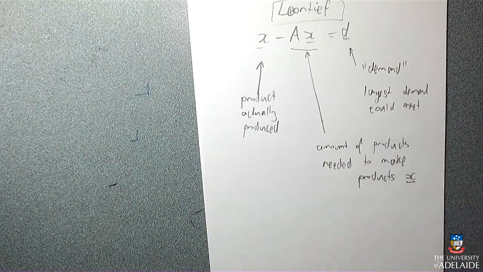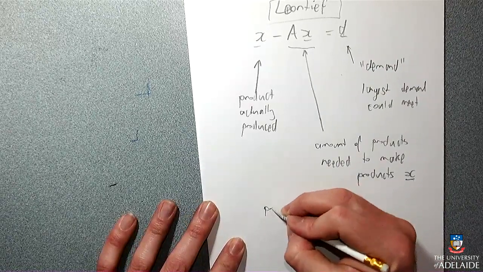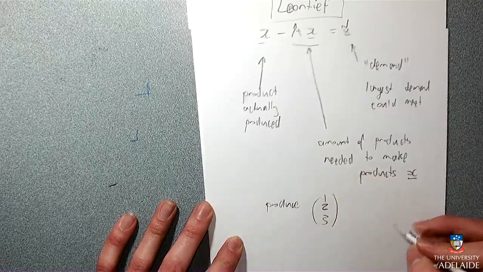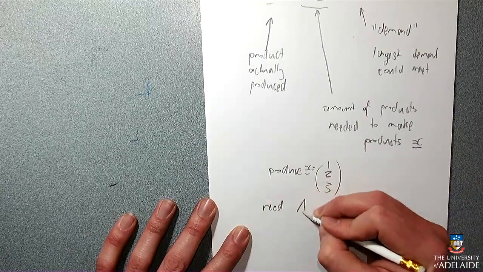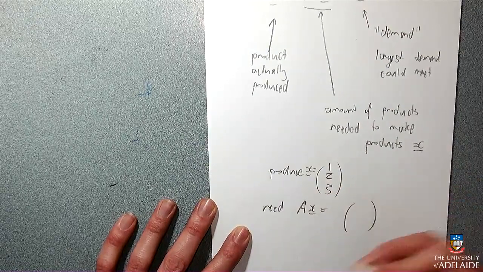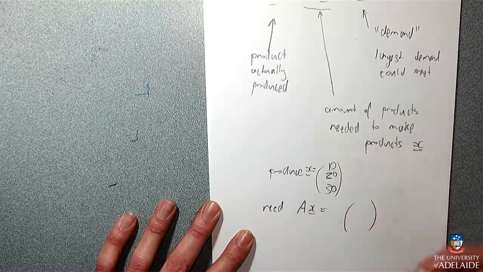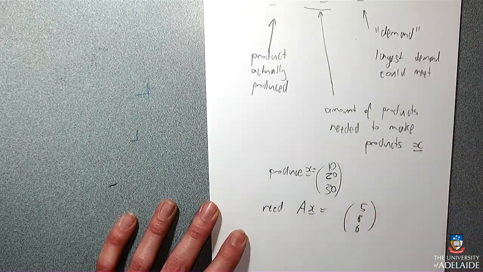So when you have the A, if you wanted to produce 1 of this and 2 of this and 3 of this, if you wanted to produce 1, 2, 3 for your x, then you would need AX, which would be whatever it is. And maybe the AX would turn out to be 5, 8 and 6 or something like that.